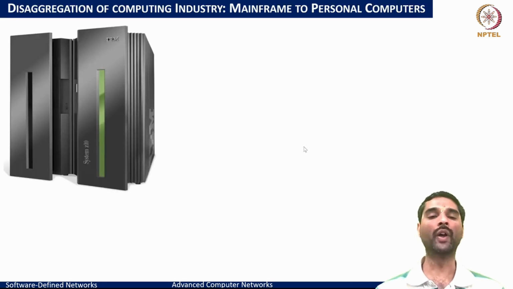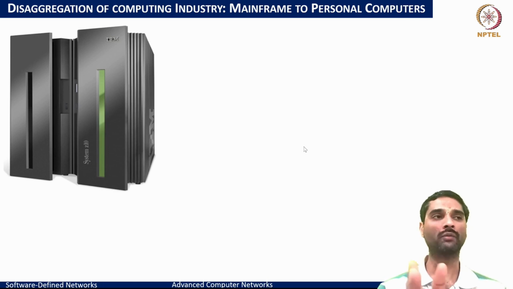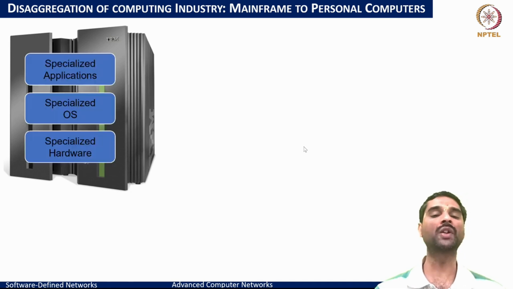So, to give a good analogy of what it really means, think of the evolution of personal computers. How this all began, in the early 1960s, we had these mainframe devices, which were mammoth devices that would almost fit half a room. But the main aspect there was they had specialized hardware, and they would be operated with specialized operating systems, and only specialized applications would be run.